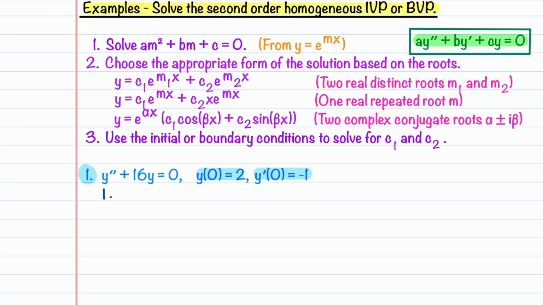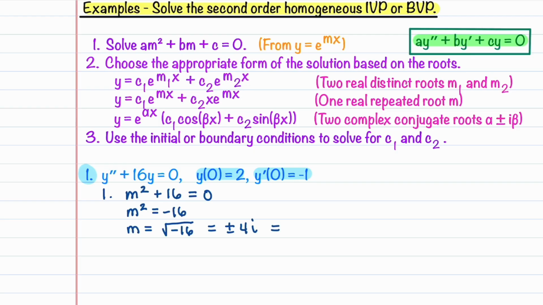The characteristic equation is m squared, that comes from the two derivatives, plus 16 is equal to 0. This gives m squared is equal to minus 16. This gives us m is equal to the square root of minus 16, which is equal to plus or minus 4i.